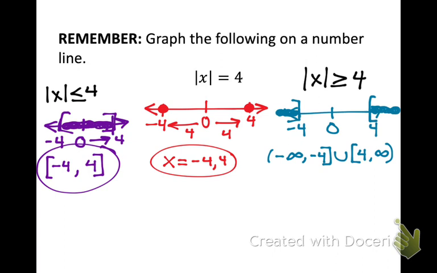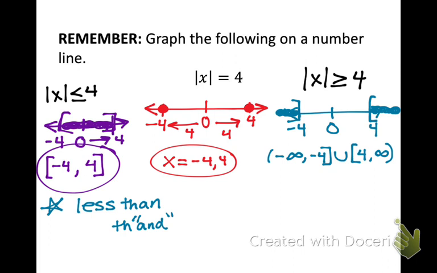Okay? So this is how I like to remember it. If you want to put a little star underneath these guys, when you have a less than, I like to think of it as less than, and know that it's going to be an and compound inequality. An and compound inequality is everything in between.